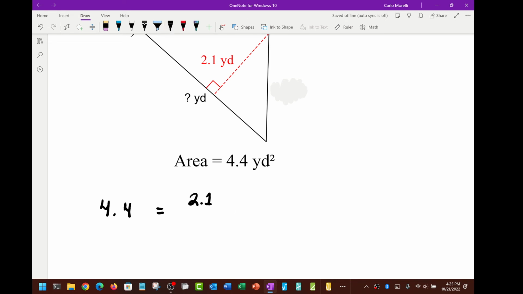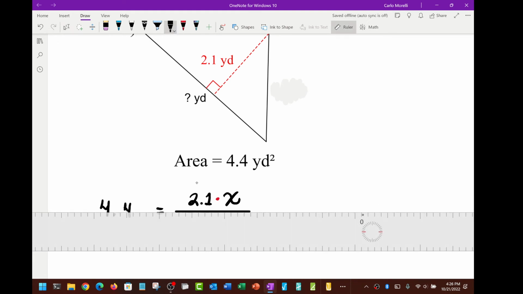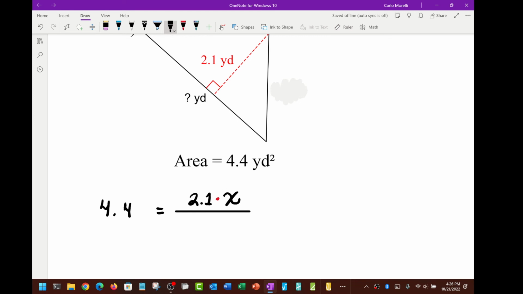And so we said we were going to go ahead with this 2.1 implicit multiply x. What I forgot to do is divide by 2. So the area equals base times height divided by 2. I didn't do that. And so that's why that ended up being 2.1 the way it did. All right, but now we're on track. We caught our mistake. That's all that matters.